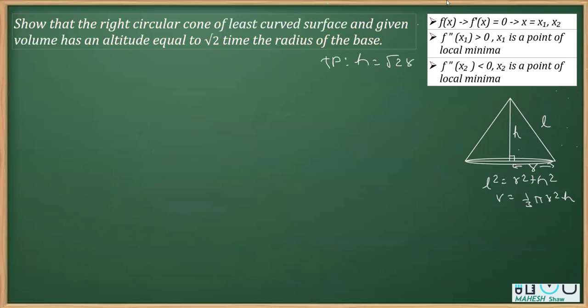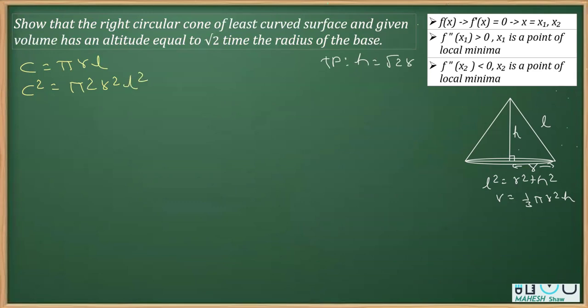So I can take the curved surface area as C, and curved surface area is pi r L. Now, as you can see, we need substitution here. I have to replace L or r. I go for replacing L, but we have L in terms of square, so it's better if I square both sides and then do substitution.